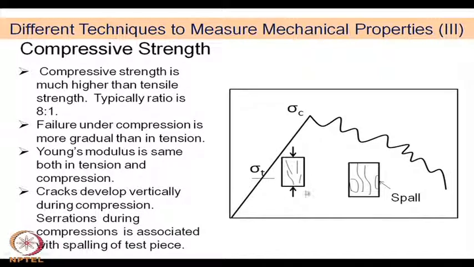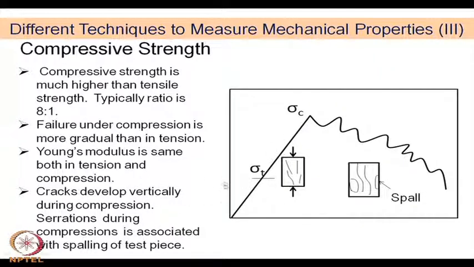And the other thing is that cracks normally form vertically. In a metallic material, normally the crack appears at a 45-degree angle, that is the normal orientation of the shear stress.